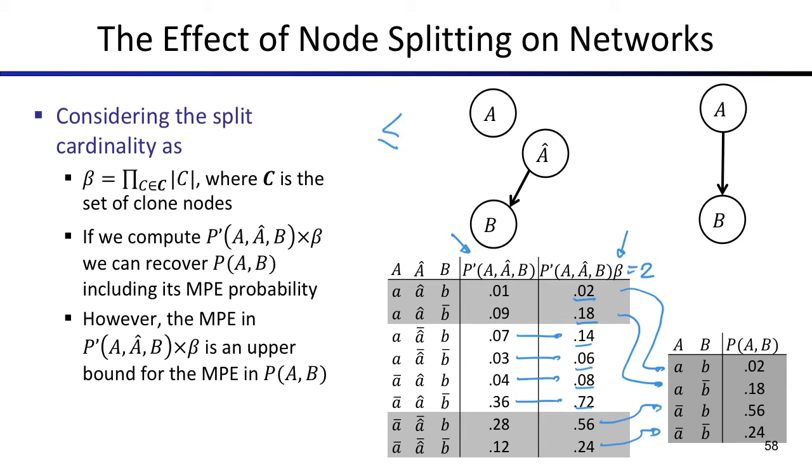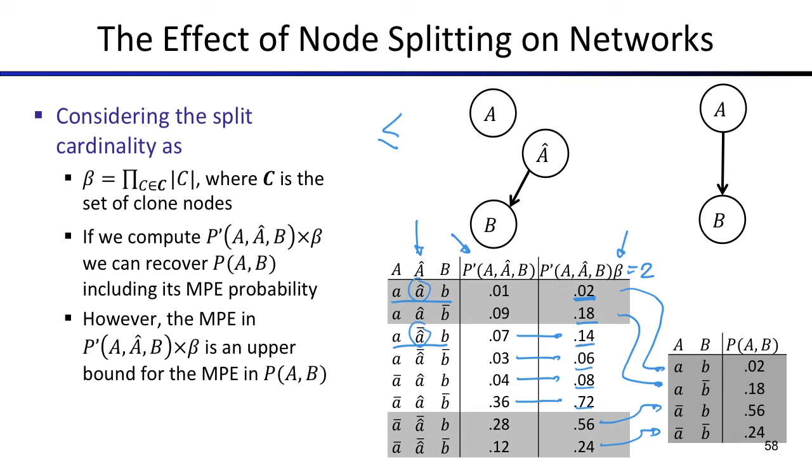So just to think about one case here, let's suppose that we take this entry. So we are maximizing out this variable here. So we take another entry that matches this entry. That's going to be this one here. So you're going to maximize out this variable, and we're going to take the maximum between 0.02 and 0.14.